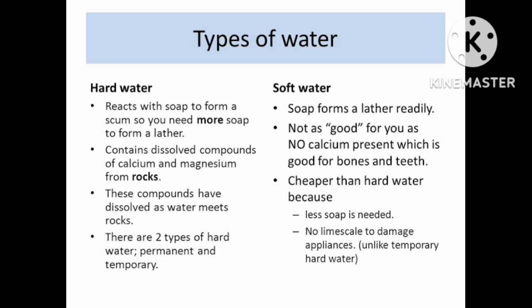Actually chromium has 3 plus primary valency, but it also has vacant d orbitals. Then H2O will go to the vacant orbitals.